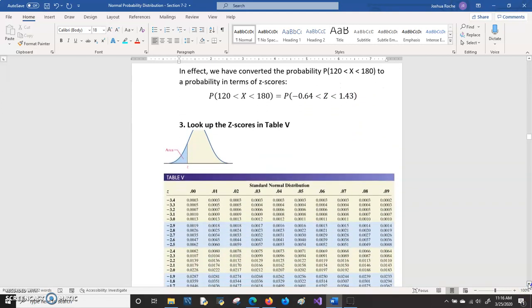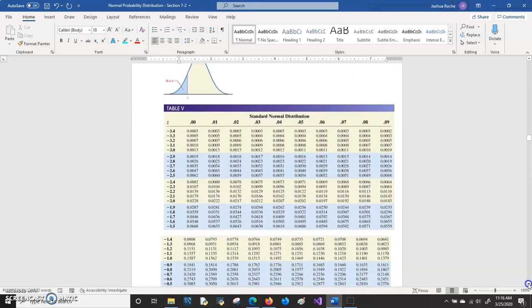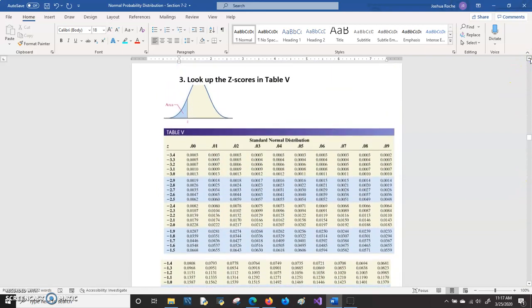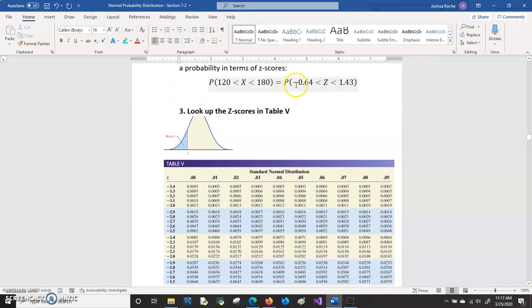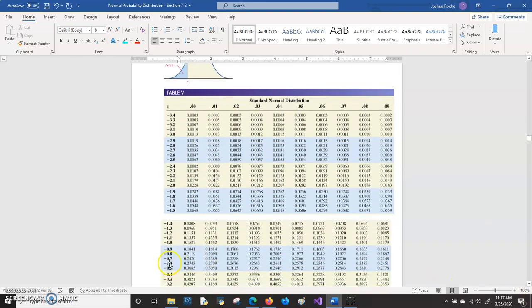Go to table 5, look up both of those z-scores. Let's start with negative 0.64. Here's negative 0.6, here's the 4. Let's see where they line up. And it looks like they line up here at 0.2611.